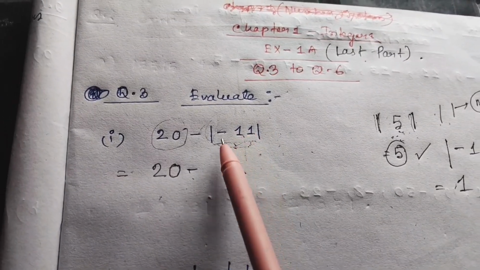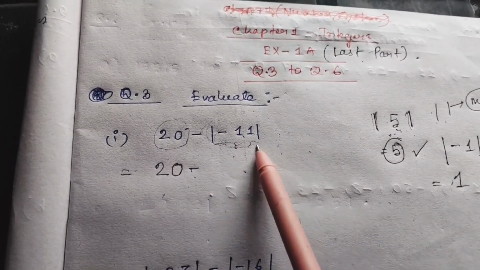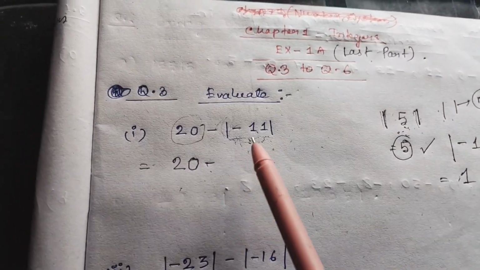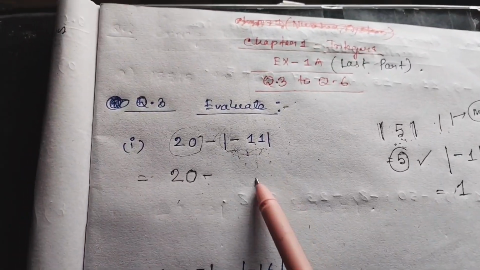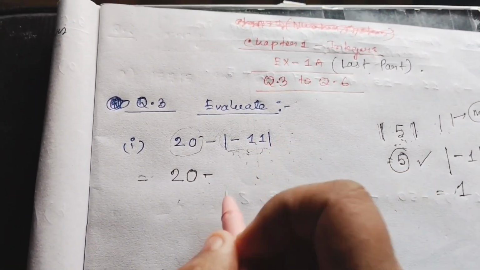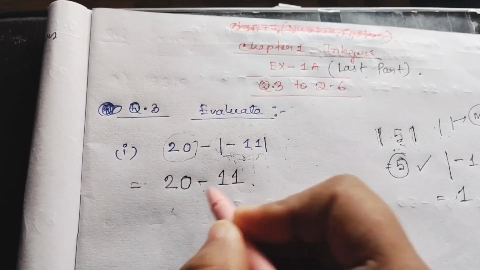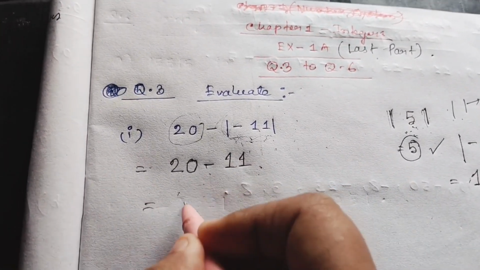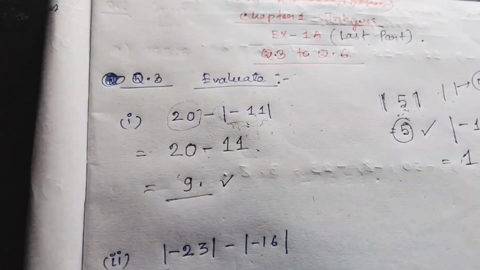It is a negative value, but it will give us a positive value. If we take this mod out, it will give us positive 11. So 20 minus 11, the answer will be 9.